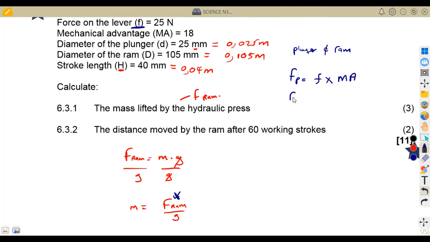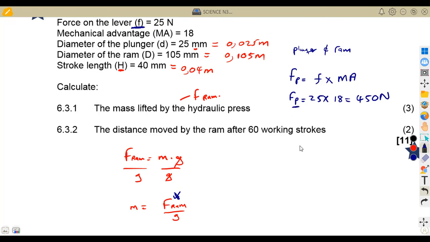Here, guys, you must know your formulas. So that's the lever force of 25 times the mechanical advantage of 18. If we multiply this, we are going to obtain 450 Newton. Take note, this is your plunger, but we need the one on the ram.